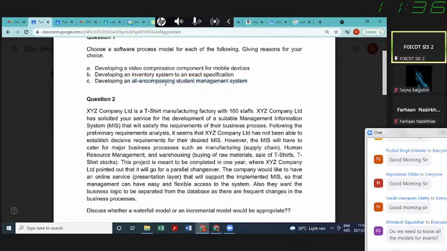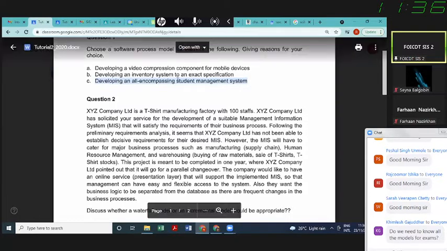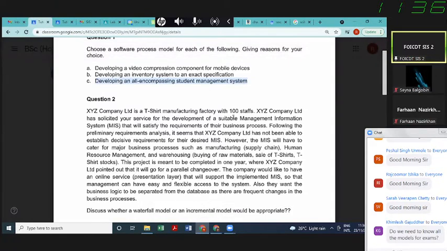But again, I appreciate your effort in trying to find an appropriate software process model for this. We try to match the information that we have for each of the software process models that we saw yesterday. Me personally, I think the best one is going to be this incremental model for Part C. Is it okay for everyone?